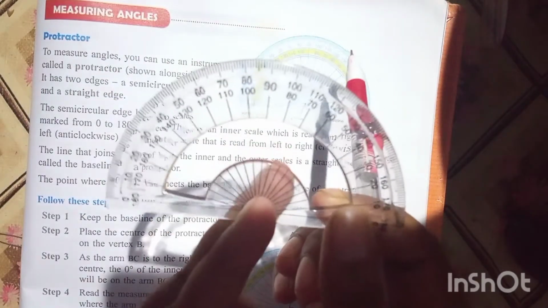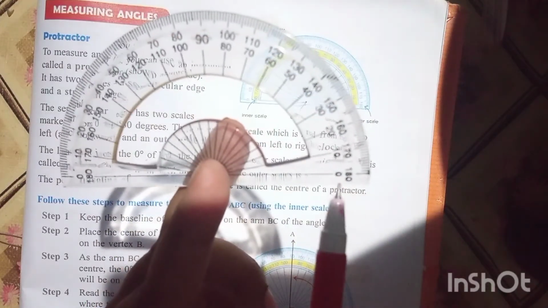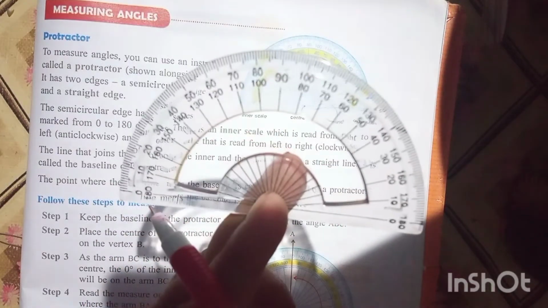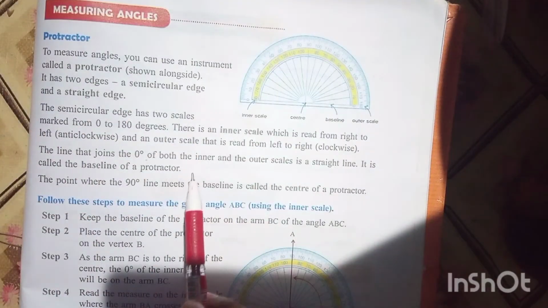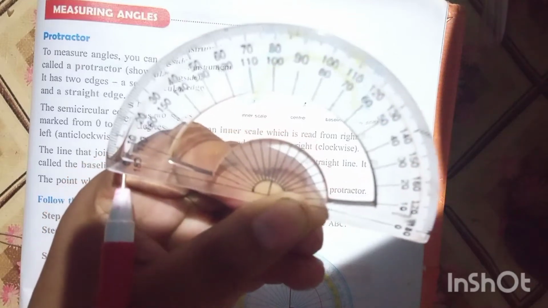It starts from 0 to 180 and again from this side 0 to 180. One is clockwise and the other is anti-clockwise.